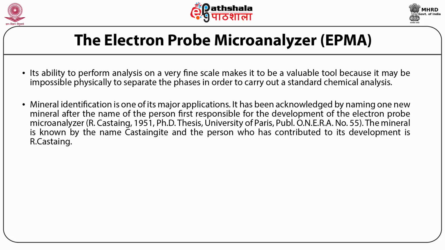It has been acknowledged by naming one new mineral after the person first responsible for the development of the electron probe microanalyzer, that is R. Castaing, in 1951, PhD thesis, University of Paris, publishers ONERA number 55.